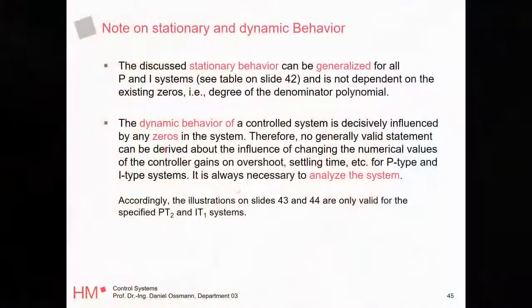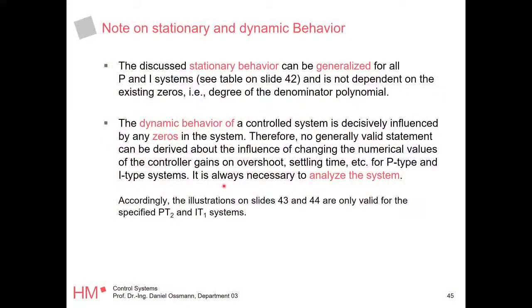A D term will usually make your system faster, not always, but usually, right? So to analyze the dynamics of your system, you have to take a closer look. But to build up some intuition, I think it was worth looking at these examples.